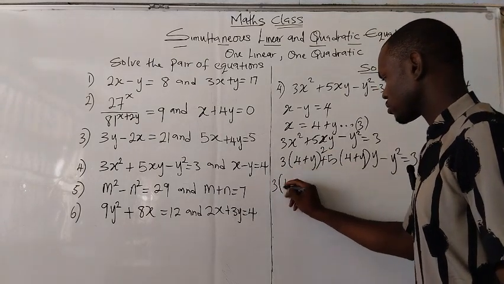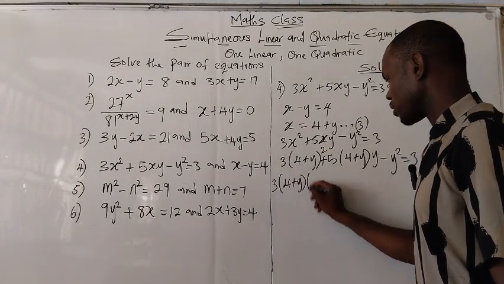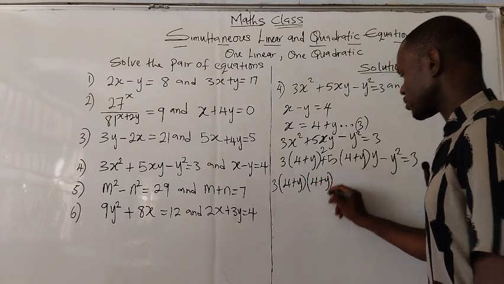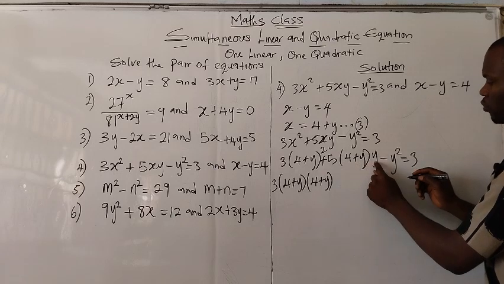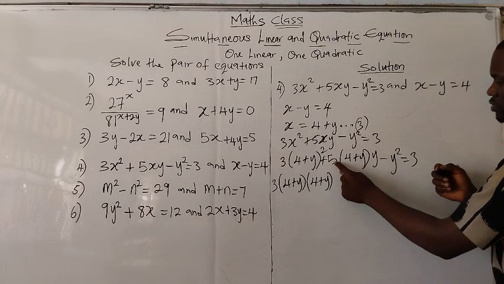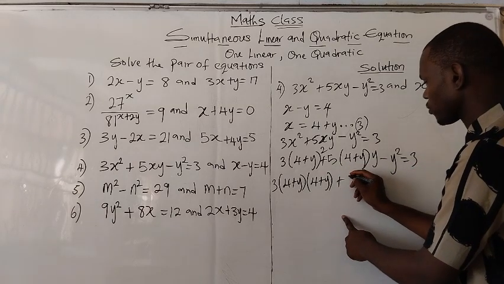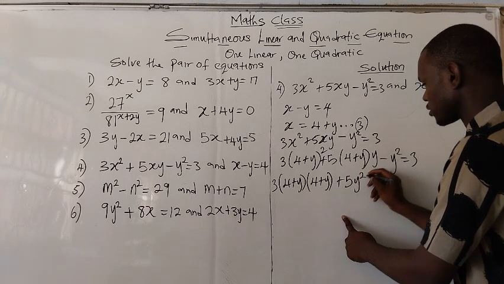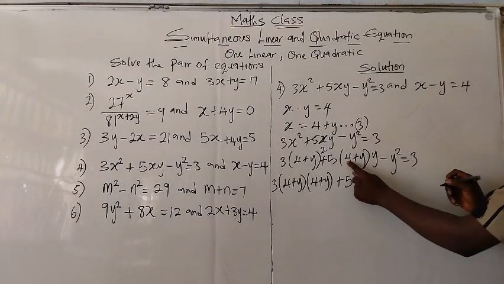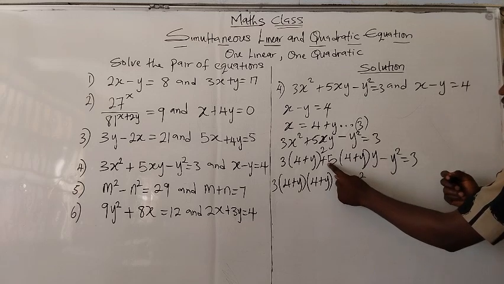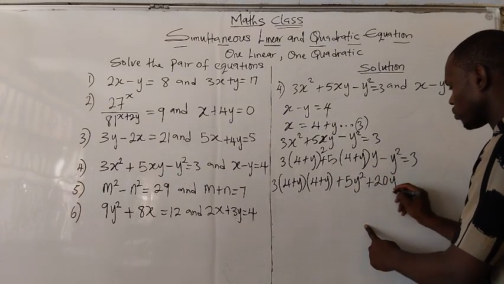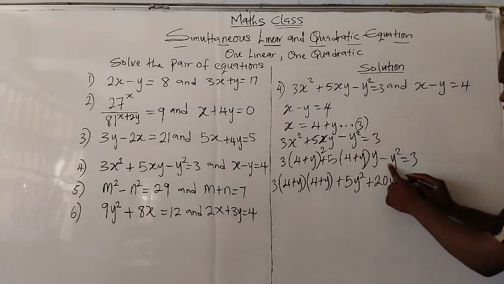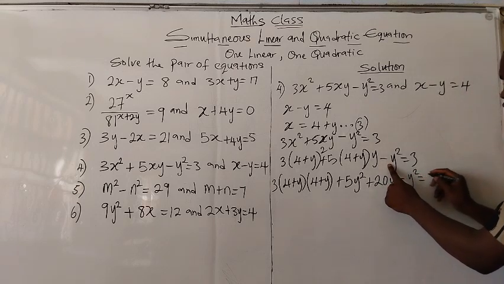This is squared, so it is (4 plus y)(4 plus y). Then here we open the bracket directly. y times y is y squared times 5, I'll be having 5y squared. Then y times 4 is 4y times 5, I will have plus 20y, minus this guy, y squared, equal to 3.